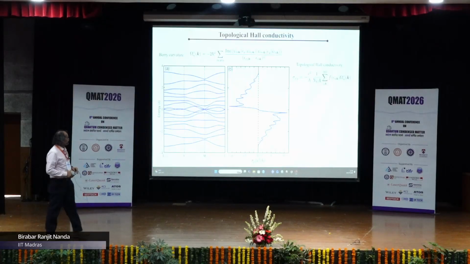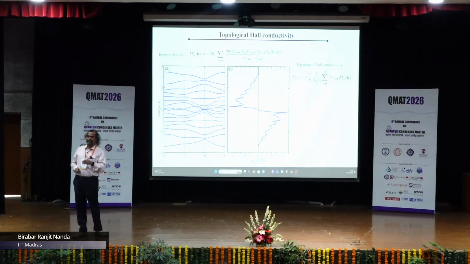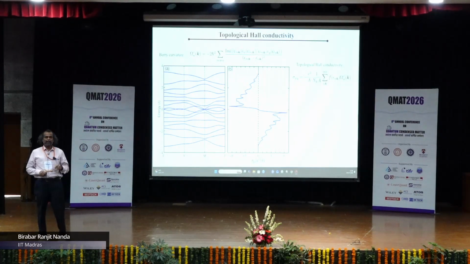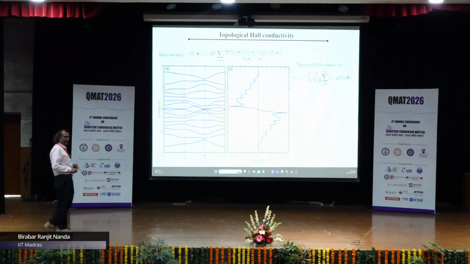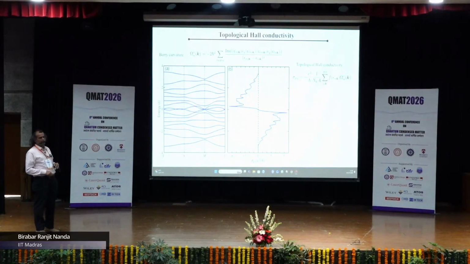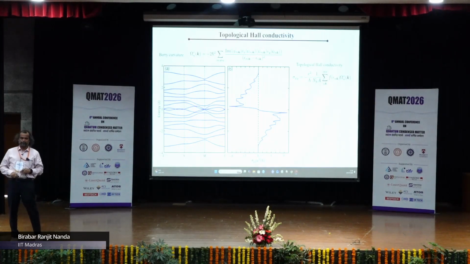So that excited us to explore further: if we are able to discretize using an emergent magnetic field of a skyrmion, can we play around with the magnetic field? Can we tune the magnetic field and see if we can tune the discretization of the topological Hall conductivity?